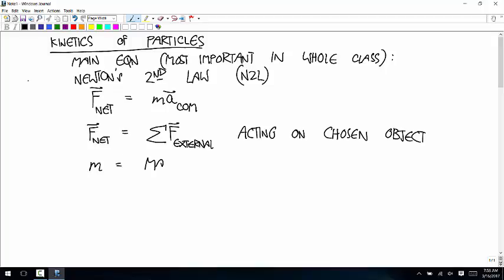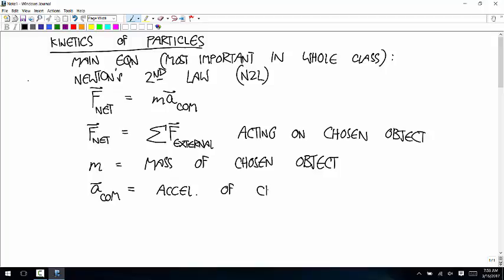M is the mass of the chosen object. And ACOM is the acceleration of the chosen object's center of mass.